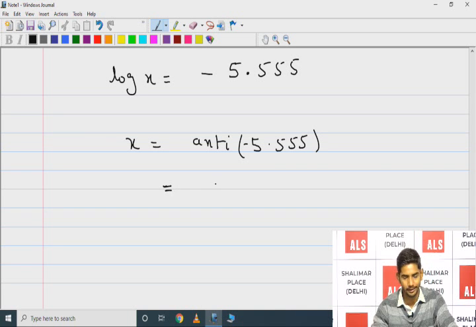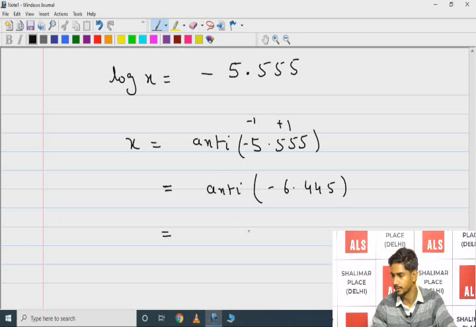We can see that this is anti-log of minus 1 plus 1. So minus 6.445. Okay. So as someone is saying, that is 2.786 into 10 to the power minus 6.